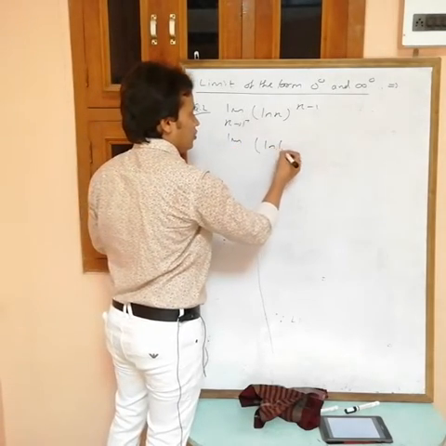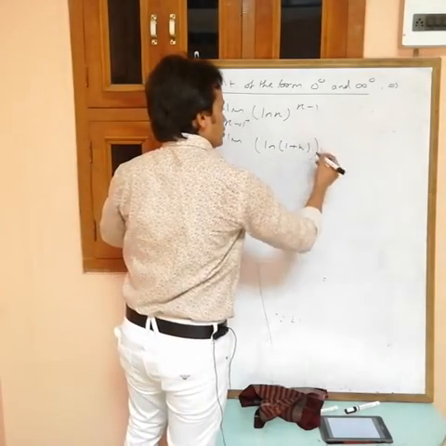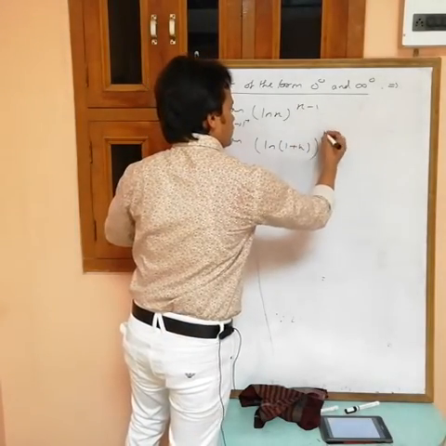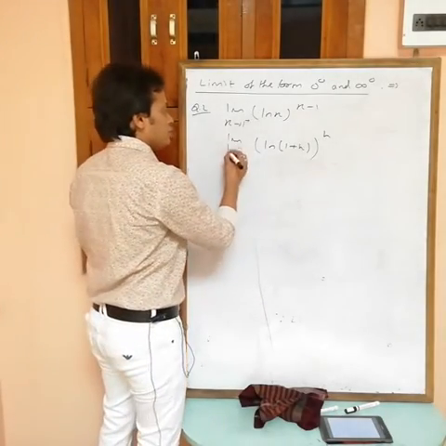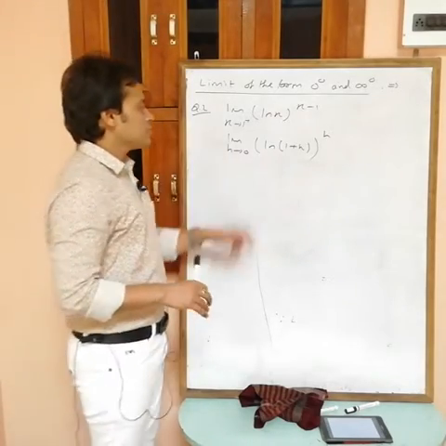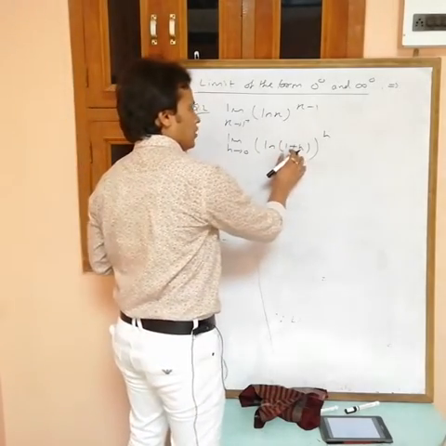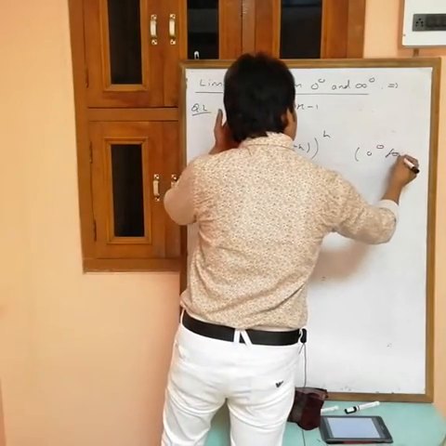Then ln of 1 plus h, because x is just greater than 1, and 1 plus h minus 1 gives h. Now I have to write the limit for h, so h is tending to 0. If you put h equals 0, what are we getting? Log 1, which is 0, and this is 0, so 0 by 0 form.